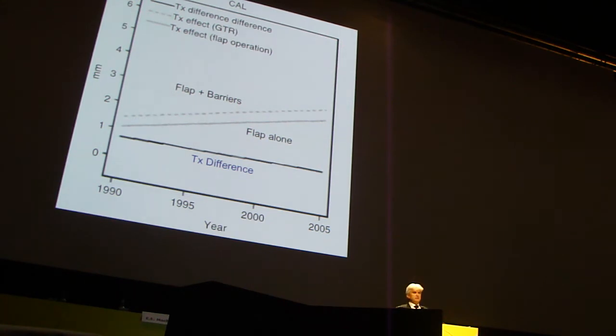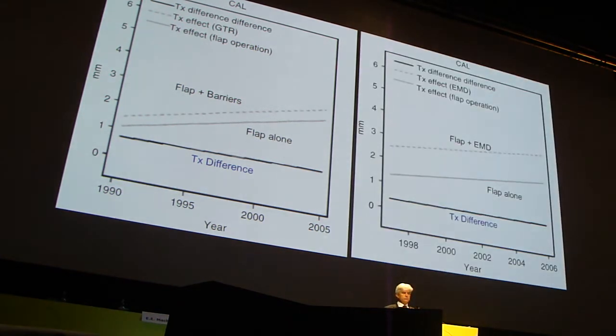And you see that there is a growing amount of clinical attachment gained through time with both. But the additional benefit of applying a barrier on top of a flap is not increasing, meaning that the increment in clinical attachment level was mainly based upon improvements in the flap design. The same was true with amelogenins. So there is a growing clinical attachment level gain through time, especially due to the performance of the flap.